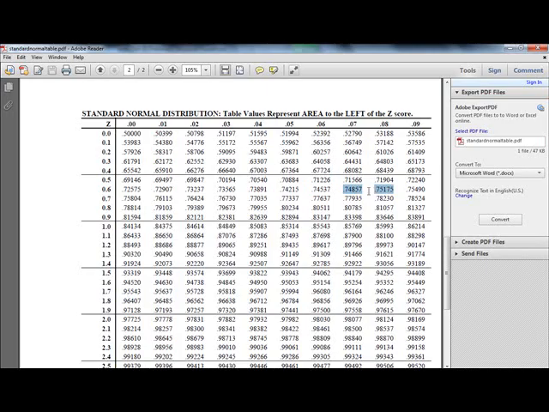The exact method is to use interpolation to find the exact number, but it is okay for us if we go with the higher number, and the higher z-value is 0.6 right here, and 0.08 for this column.